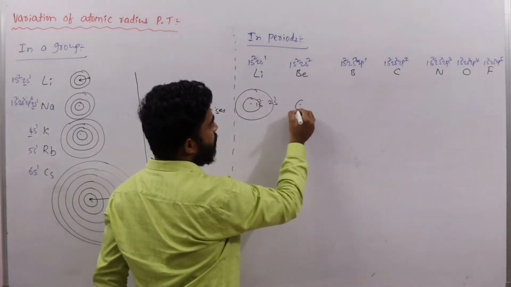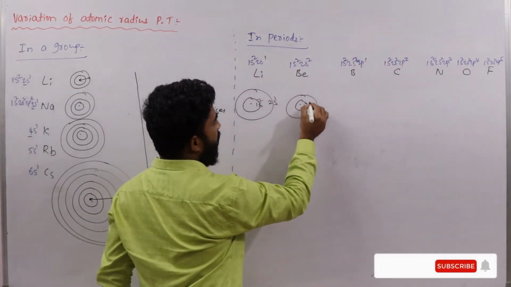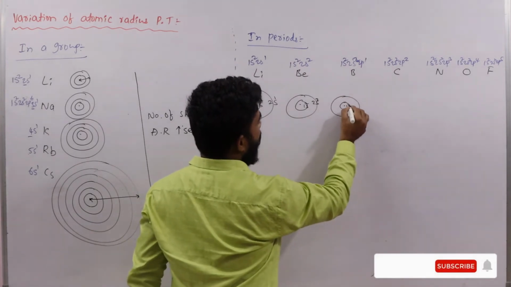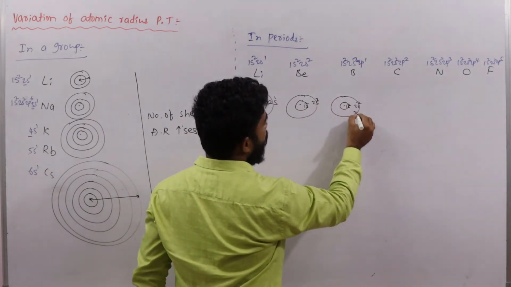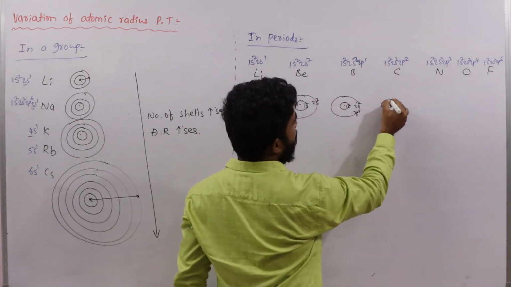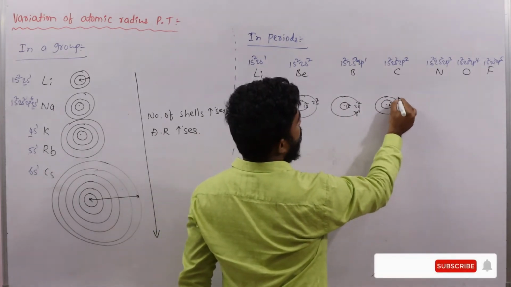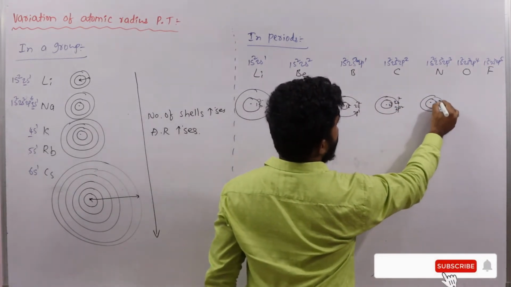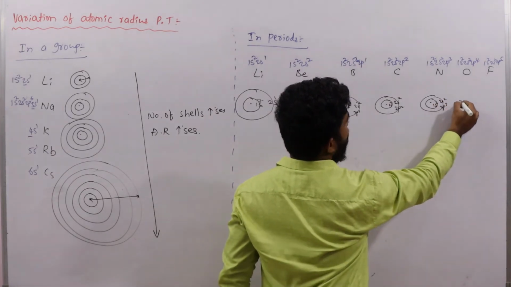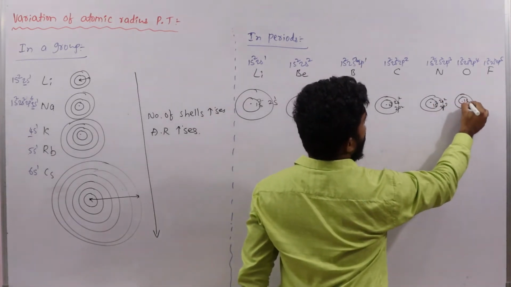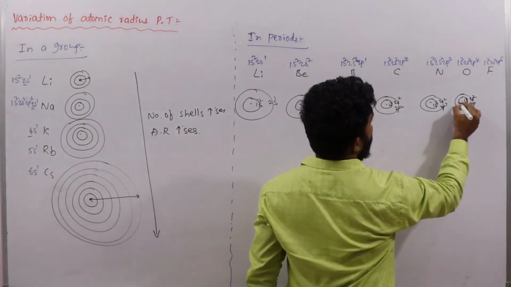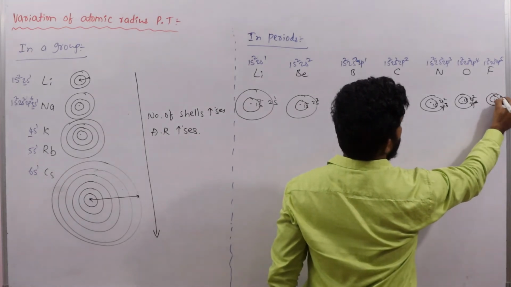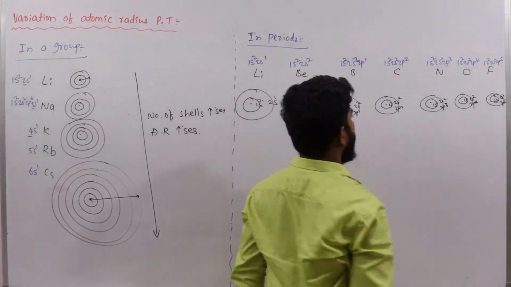Here 1 electron, next 1s2 2s2, next 1s2 2s2 2p1, next 1s2 2s2 2p2, here 1s2 2s2 2p3, in this case 1s2 2s2 2p4, here 1s2 2s2 2p5.